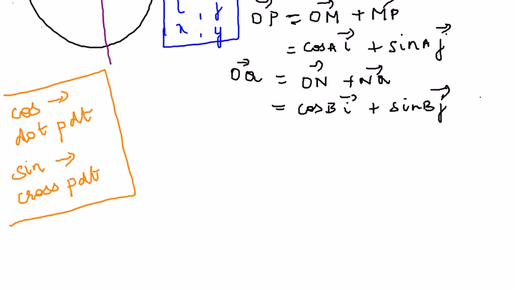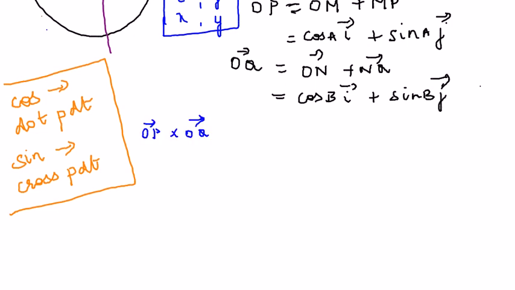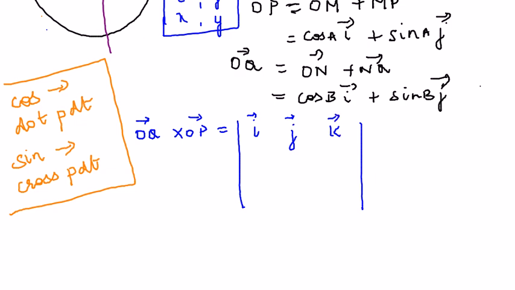So now let's do the cross product. So the cross product OP cross OQ or OQ cross OP, whatever form you write it as, I'll write it as follows. i, j, k.